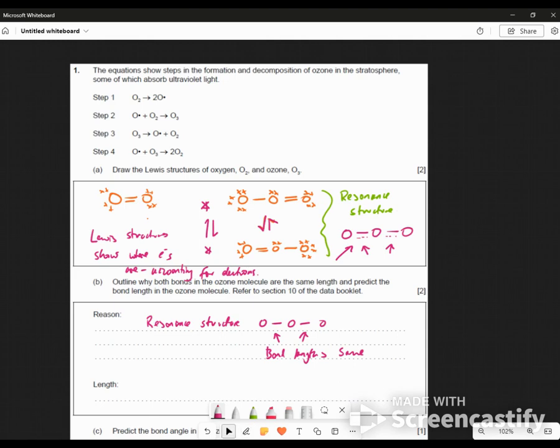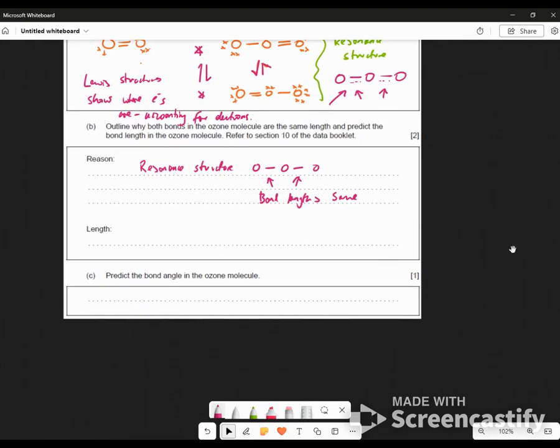What is the bond length? Well, you have to go to the data booklet, and I've got one here. Yeah, this is covalent bond lengths. Now, oxygen single bond O has a bond length of 148 picometers, and an O double bond O has a bond length of 121 picometers.